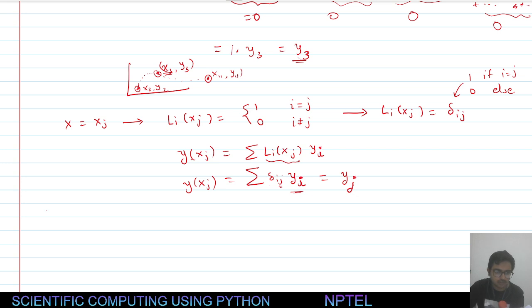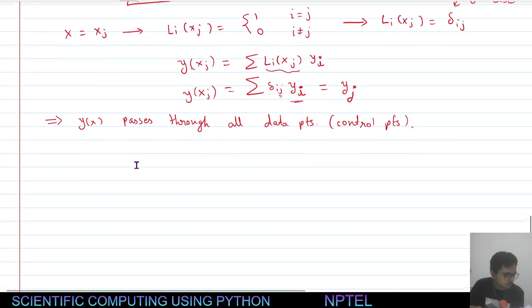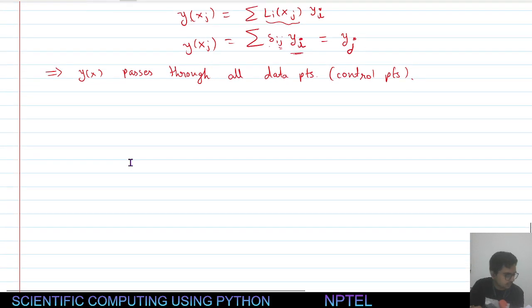So the conclusion is that y of x passes through all data points. They are also called control points, by the way.